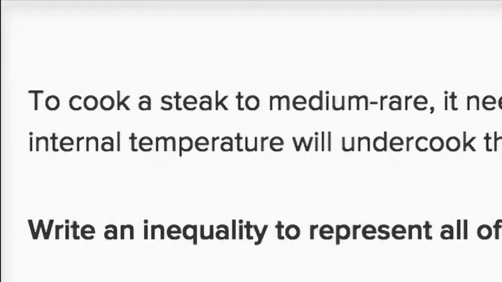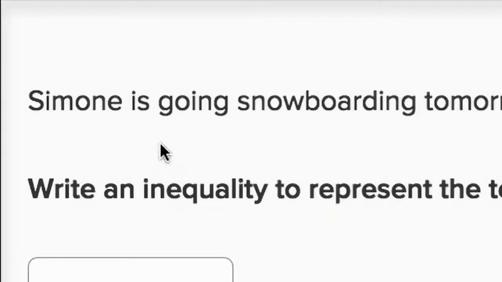Let's do one more. Simone is going snowboarding tomorrow if the temperature is equal to or colder than 5 degrees Celsius. Write an inequality to represent the temperatures at which Simone will go snowboarding. You might want to say, oh, maybe T is less than 5 degrees.